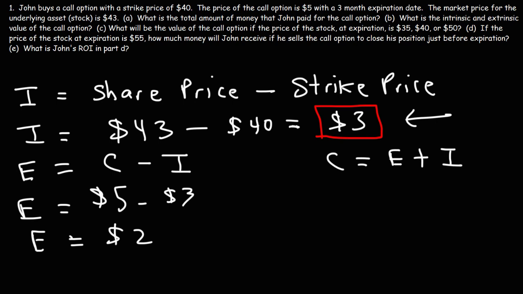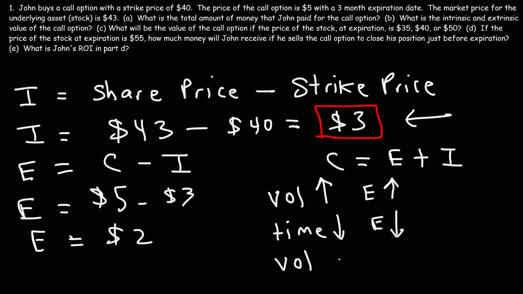Options are derivatives. Their price is based on the underlying asset. So as volatility increases, the extrinsic value of the call option increases. And as time moves forward, that is, as time to expiration decreases, the extrinsic value is going to decrease as well.